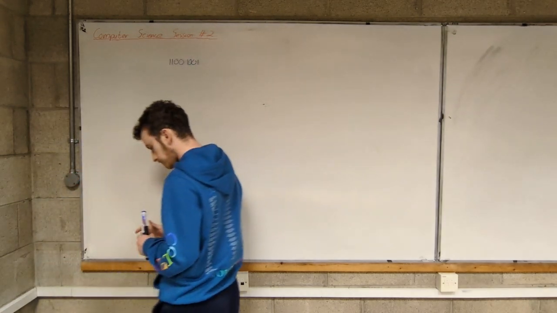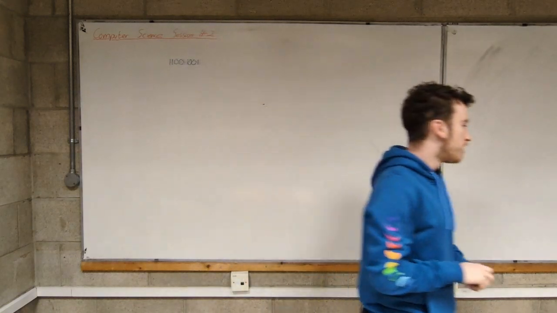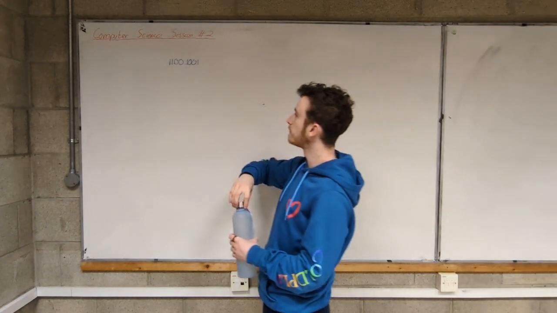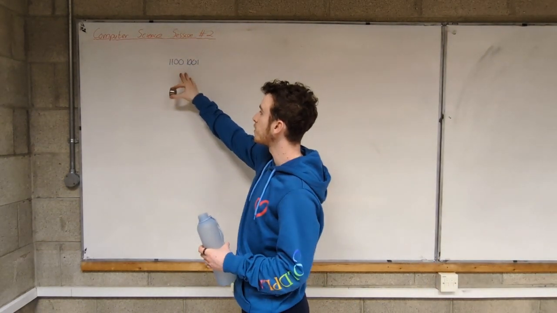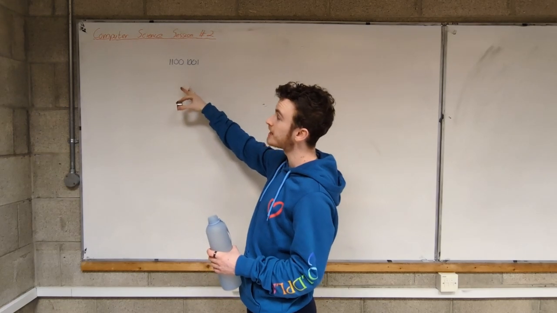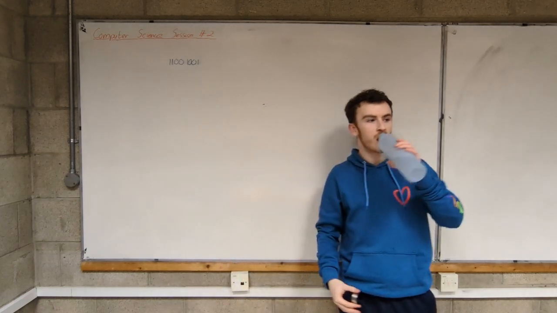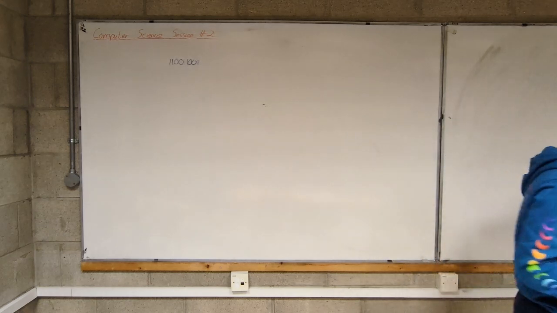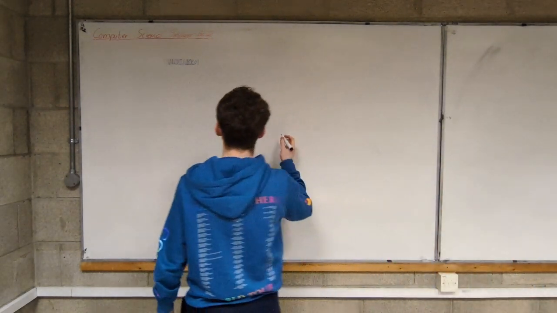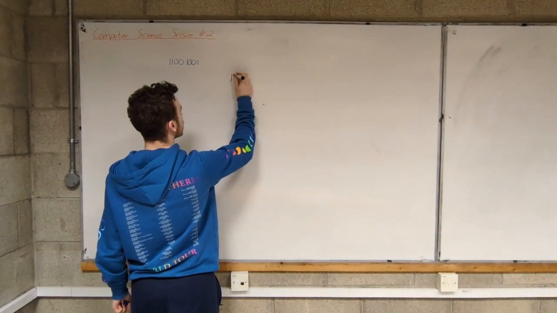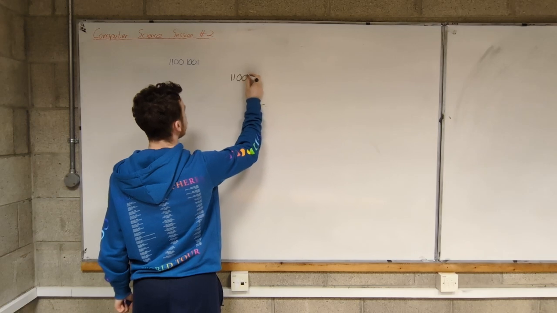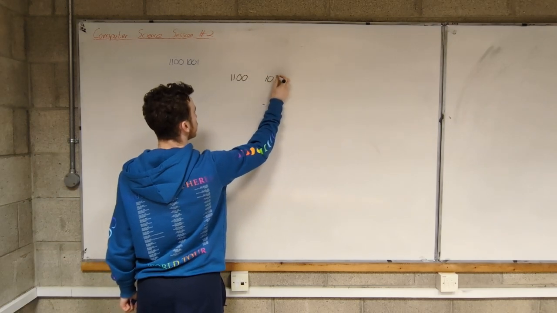For conversion to hexadecimal, the first thing we're going to do is split up, in this case, the 8-bit number into two 4-bit numbers. So if we do that first, 1100 1001.